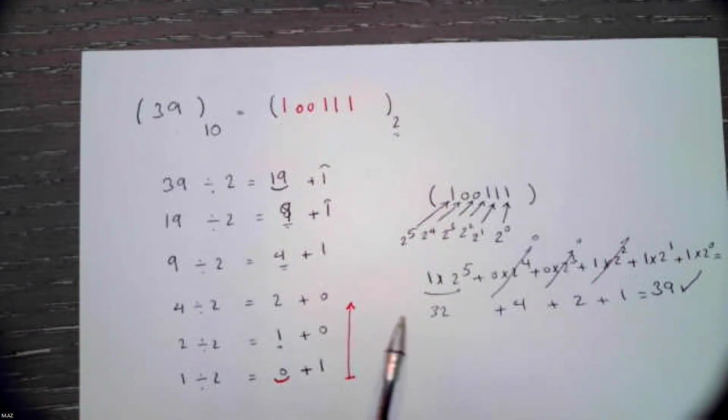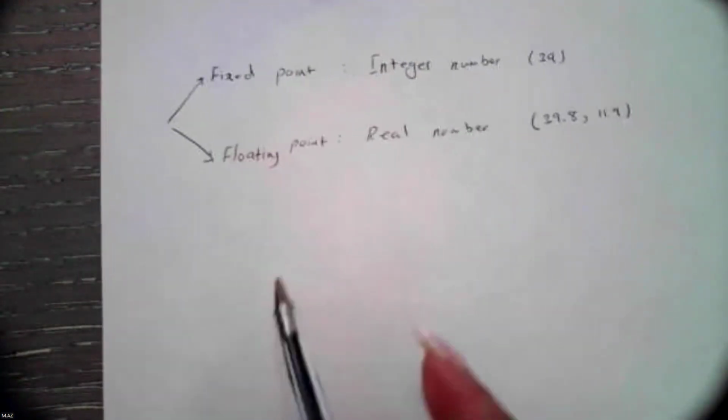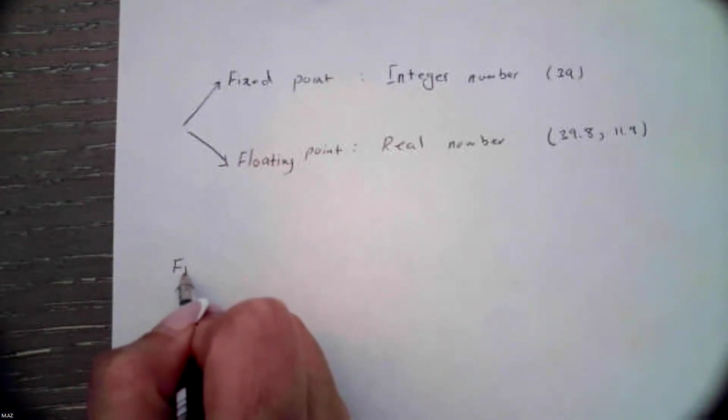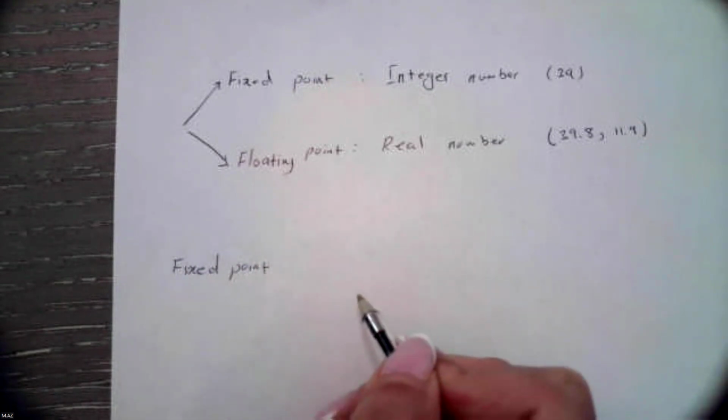Once we convert the fixed point or integer number to binary format, now we have to know how to store this fixed point number on a computer. In general, for storing a fixed point number in a computer, we have two options.